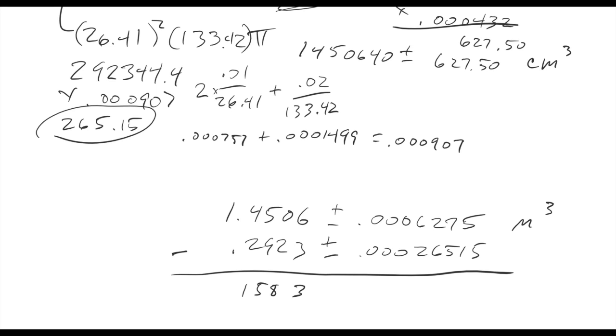I subtract these numbers because it's a subtraction problem, but with error it's plus or minus, so I always add error. So I get rid of that guy, so I have the same amount of decimal points. 2 carry 1 is 9, 8, 0, 0, 0.